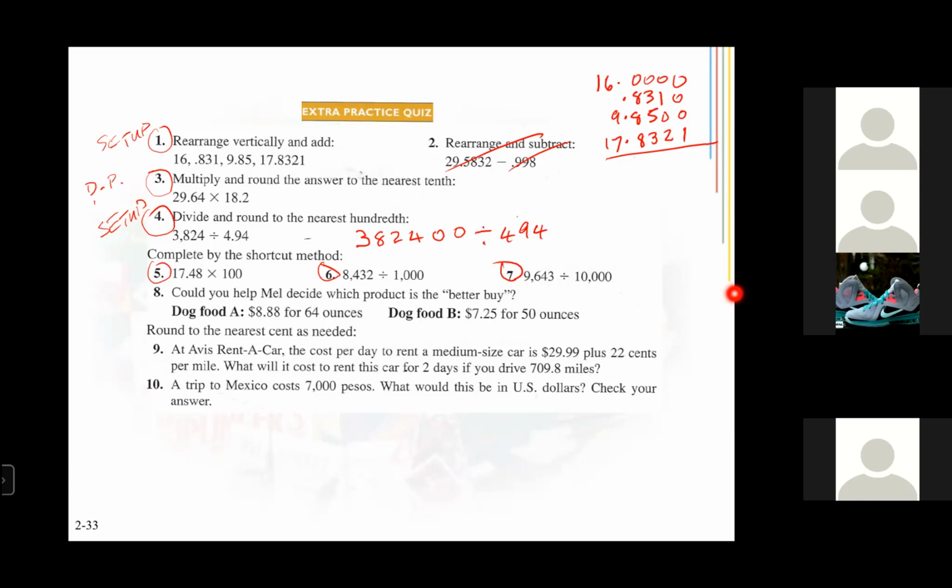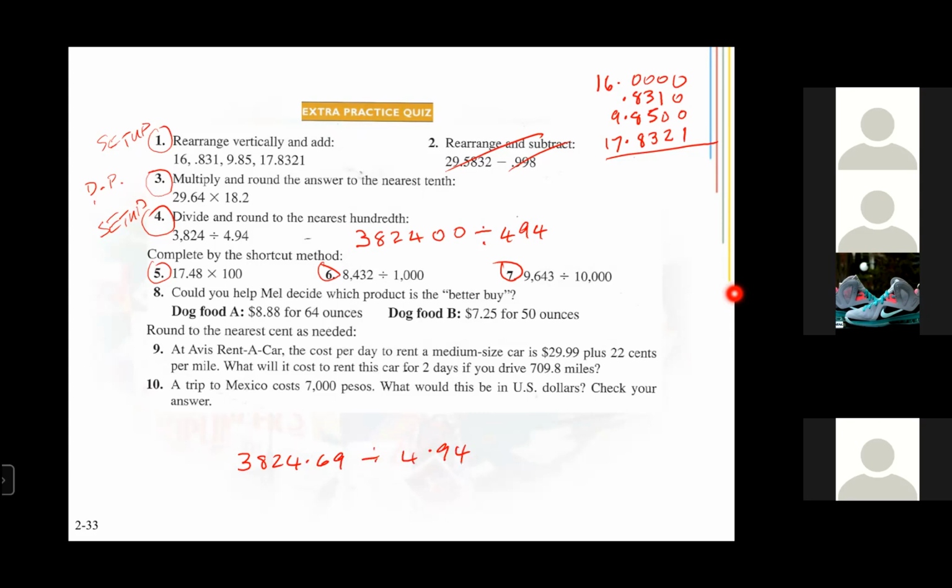If there were other numbers behind 3824, let's say 69, then we would put the 0.69, or no, you still wouldn't need it. All right, so you're saying, let's say you had 3824.69 to divide by 4.94. That's what you're asking?